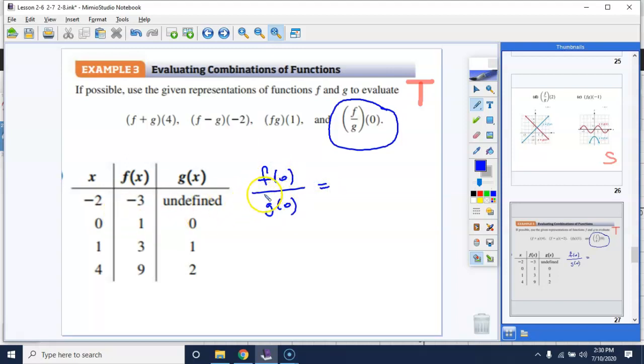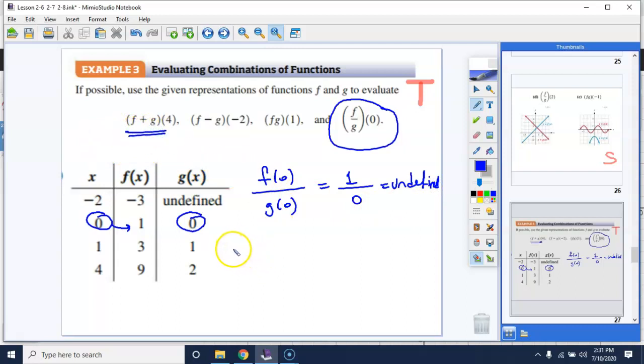Let's find f of 0 first. My x is 0. In the f function, it corresponds to 1. So the top part should be 1. But when x is 0, the g function corresponds to 0. So I'm going to put that 0. So it's going to be undefined.